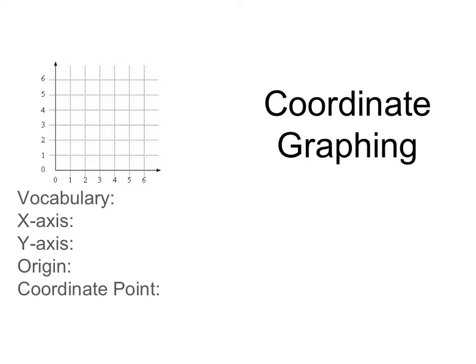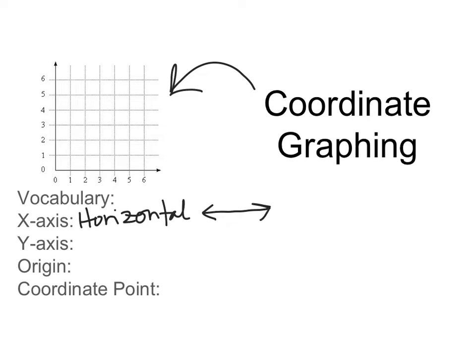All right, so we need to start off with quite a bit of vocabulary. First of all, we know that a coordinate graph looks like this. Now, the x-axis on the graph is always the horizontal axis, which goes left to right.